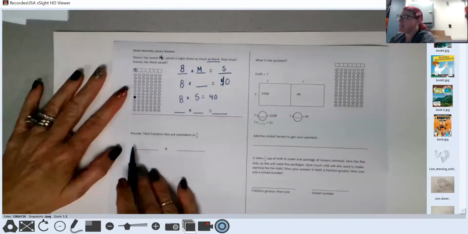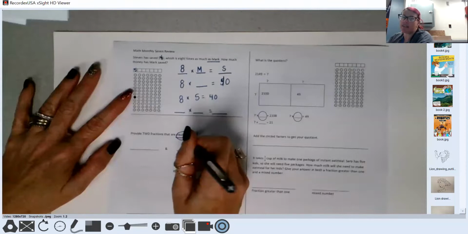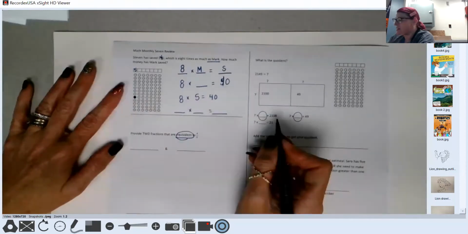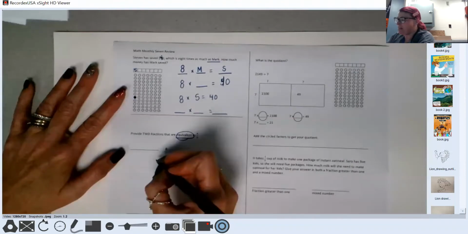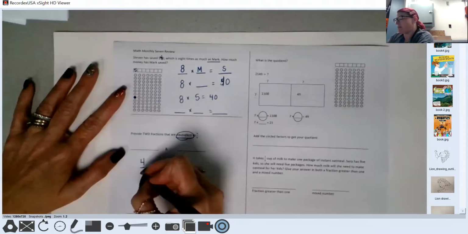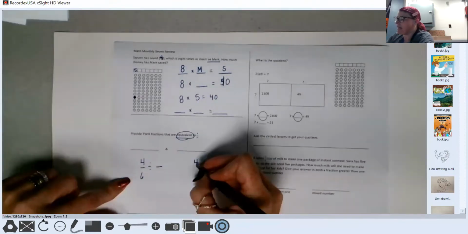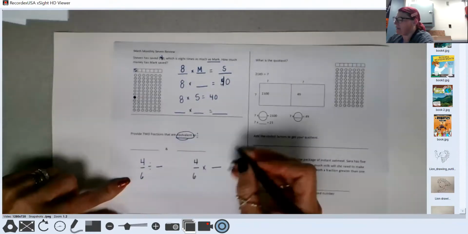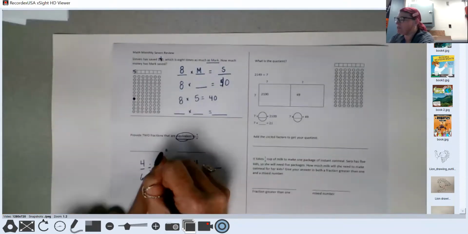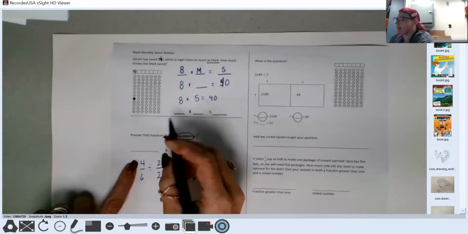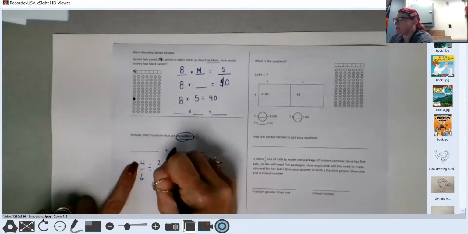This one says provide two fractions that are equivalent to 4/6. So equivalent means equal. I can do that by dividing my fraction by the same number on the top and bottom, and I can also do that by multiplying by the same number on the top and bottom. So I'm going to go ahead and divide this by 2/2. What times 2 equals 4? That's 2. What times 2 equals 6?